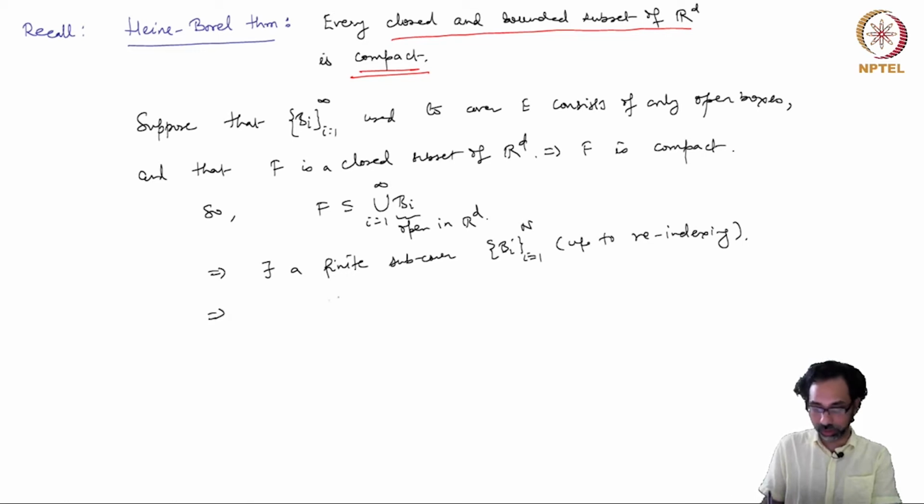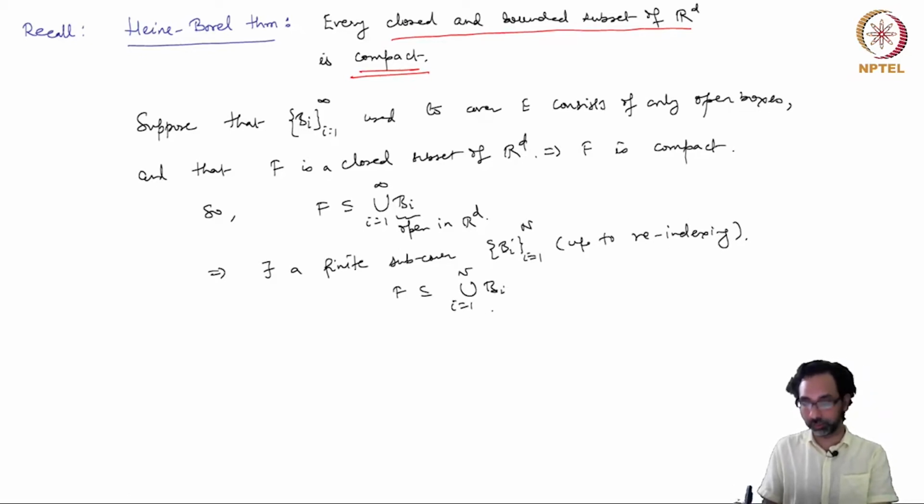And so of course the finite subcover means that F is contained in this finite union of boxes B_i, i equal to 1 to n.